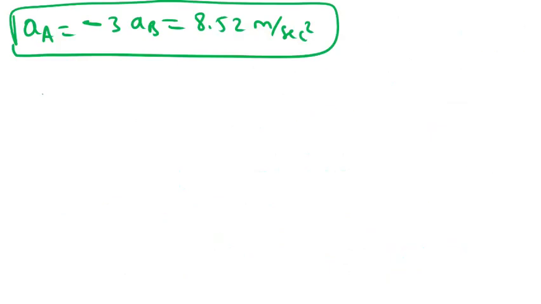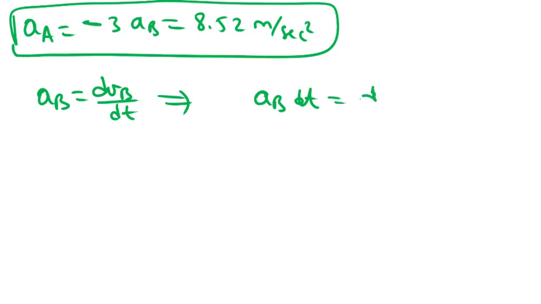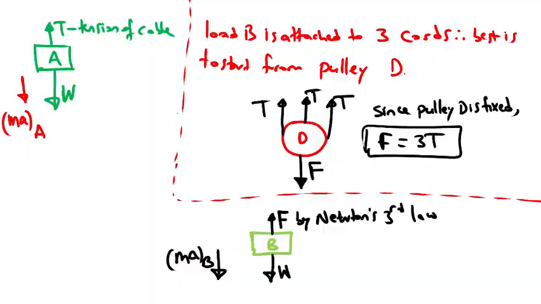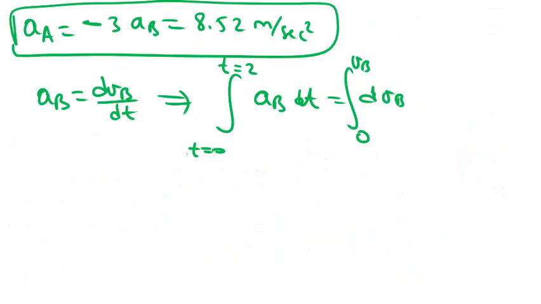So that means that AB will be equal to dV by dt, and then if we separate and then integrate, then you will have dVB. It is released from rest and therefore zero velocity. It gets something at the end after 2 seconds. Let me check it. 2 seconds, yes.